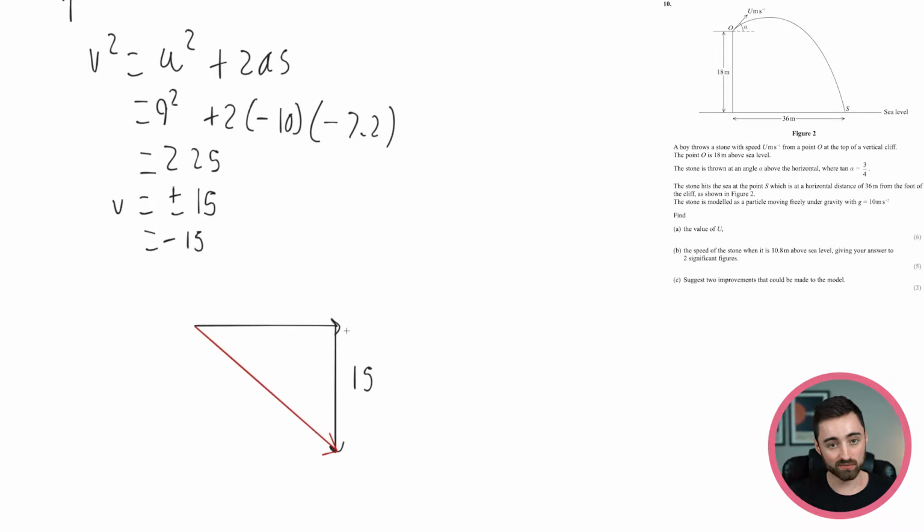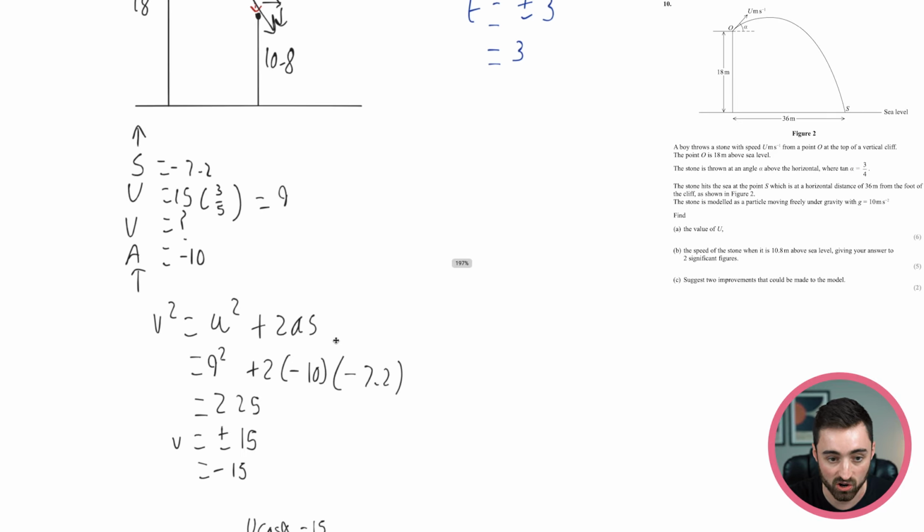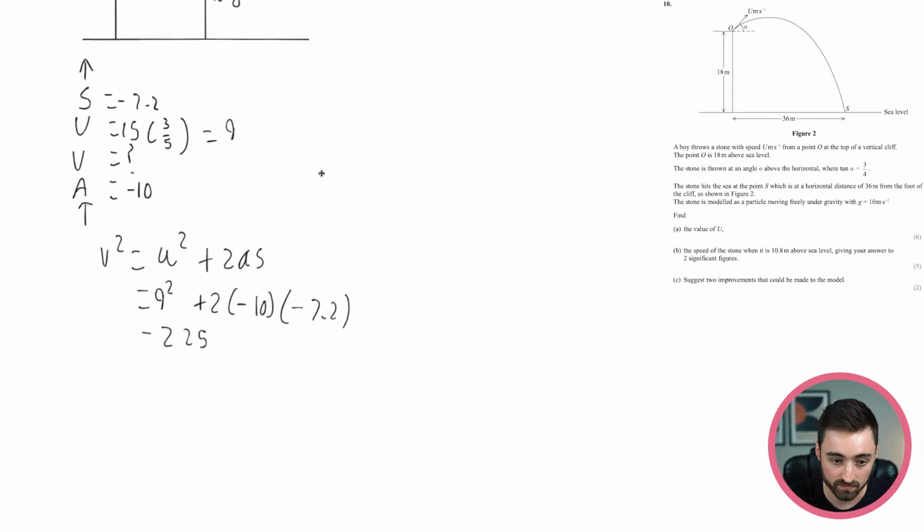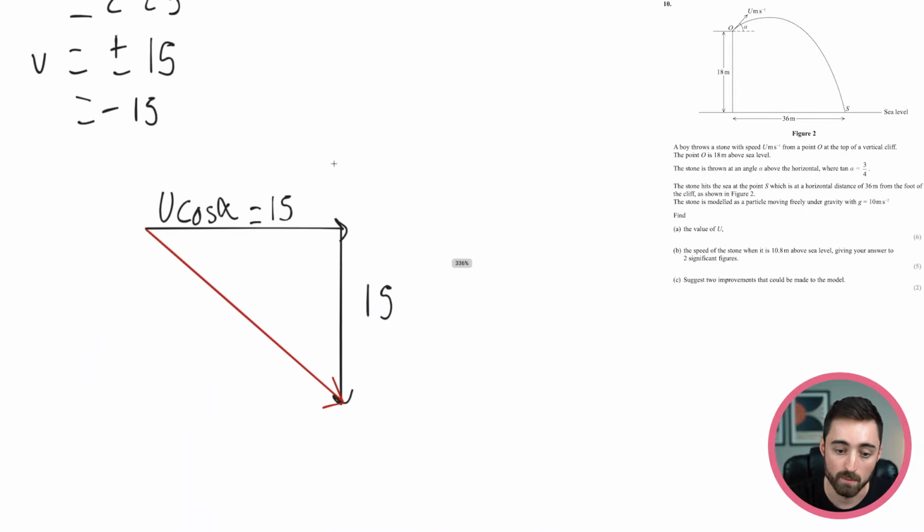So the horizontal velocity at any point is just the same as the initial horizontal velocity, which we know to be U cos alpha. We know that U is 15, and we know that cos alpha is 4/5. 15 multiplied by 4/5, well, that cancels to make 3. 3 times 4 gets me 12.